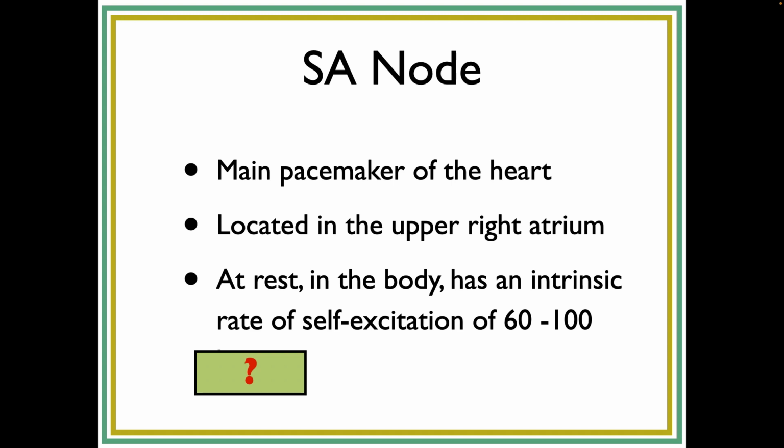However fast the SA node is shooting out impulses, that's the heart rate. If it's shooting out impulses at 60 a minute, eventually it's going to translate into 60 contractions a minute. Located in the upper right atrium, at rest in the body, the SA node has an intrinsic rate of self-excitation of 60 to 100.